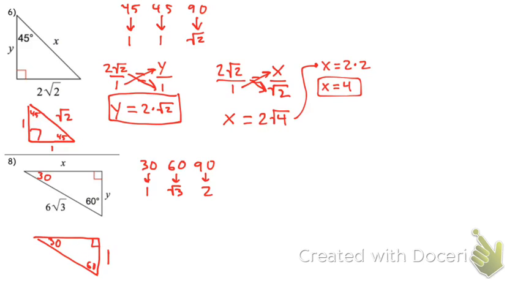That's called the short side. Across from the 60 is radical 3. That's my long side. And across from the 90, which is my hypotenuse, is going to be 2.